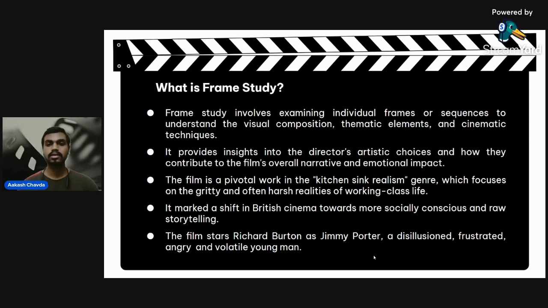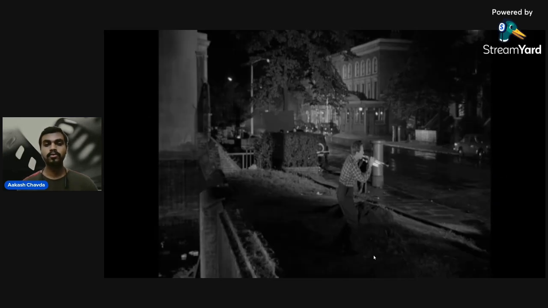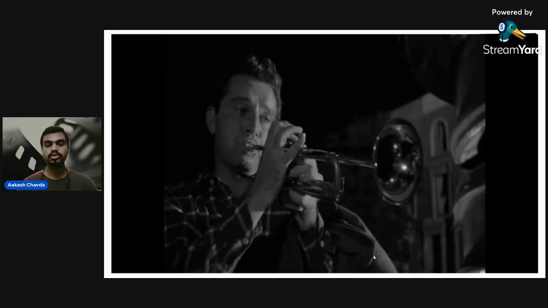So let us start our frame study. First, these two frames come, and this particular frame sets the tone of Jimmy, our protagonist. He is playing the trumpet loudly, and you can see his eyes. He's drunk, frustrated with his marriage, and he cannot express himself thoroughly.